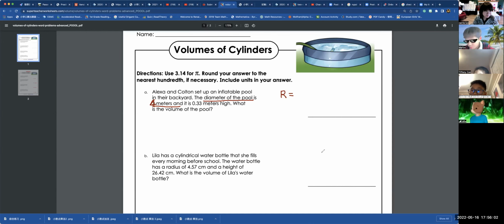Okay, so Daniel, you don't have to give me that many answers, okay? Okay, so let's take a look at this one. So Morris, if the diameter of the pool is 4 meters, can you tell me what the radius of that one is? Morris?